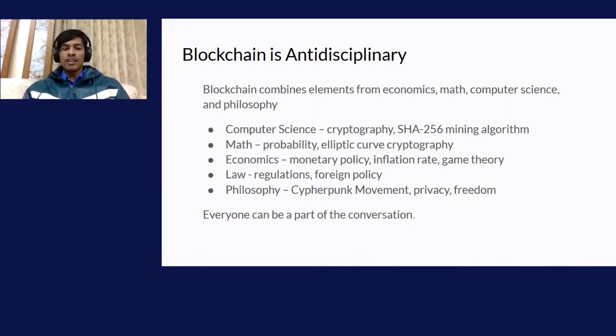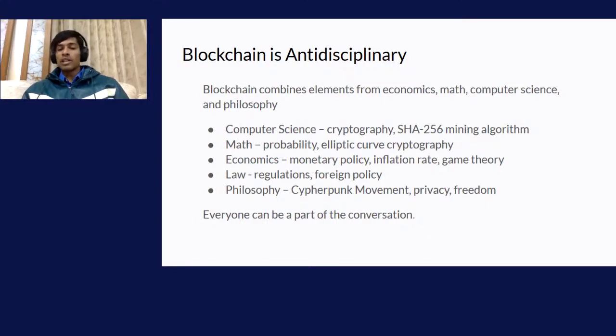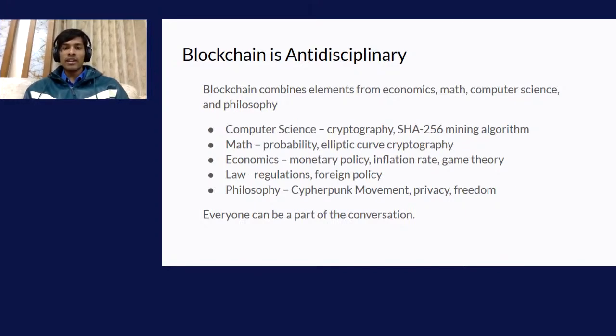And there's economics. So there's so much discussion on what the economics of a particular blockchain should be, which means what should be the inflation rate, how should we align the incentives. And a major part of it is law, which is how do you bring about this harmony with the regulatory bodies, and then there's philosophy.